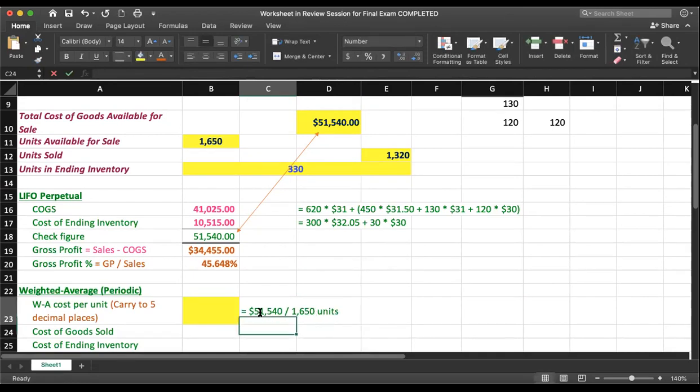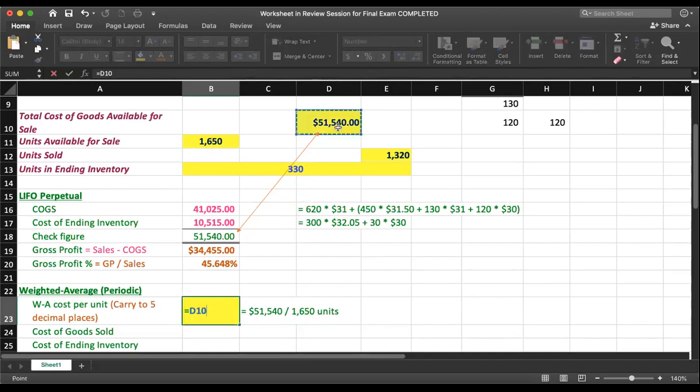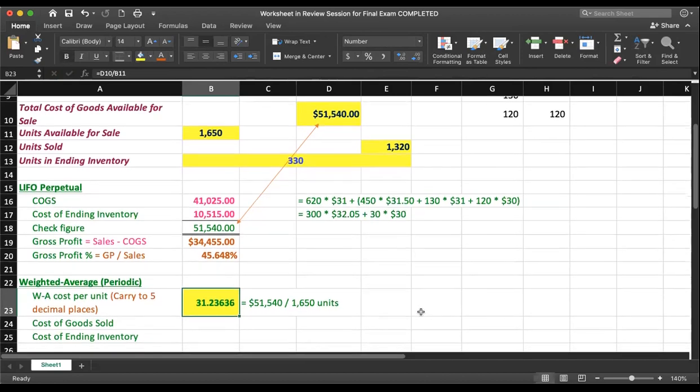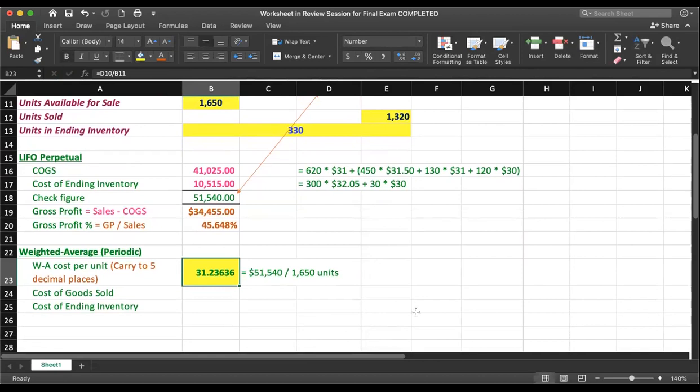So this formula here is going to tell us, on average, how much one unit cost. 51,540 divided by 1,650 is $31.23636 per unit.